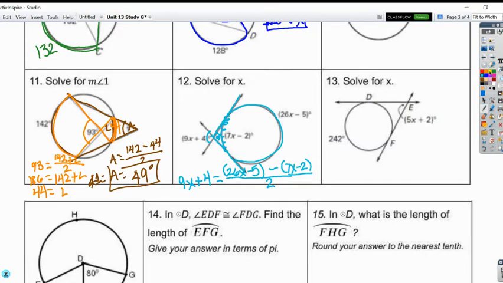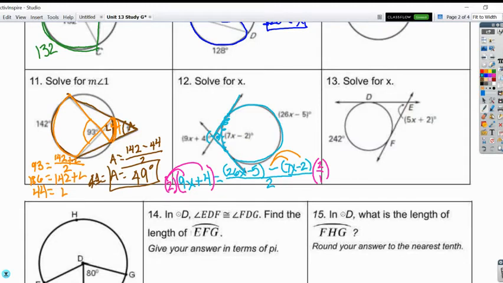Did you notice that I used parentheses around those expressions, right? Why did we do that? With that subtraction, you're going to have to distribute your negative through to both of them. And also remember that when you go ahead and clear out your fraction and you multiply by that 2 on both sides, you got to multiply everything on the left by that 2. So you will also need to distribute here.